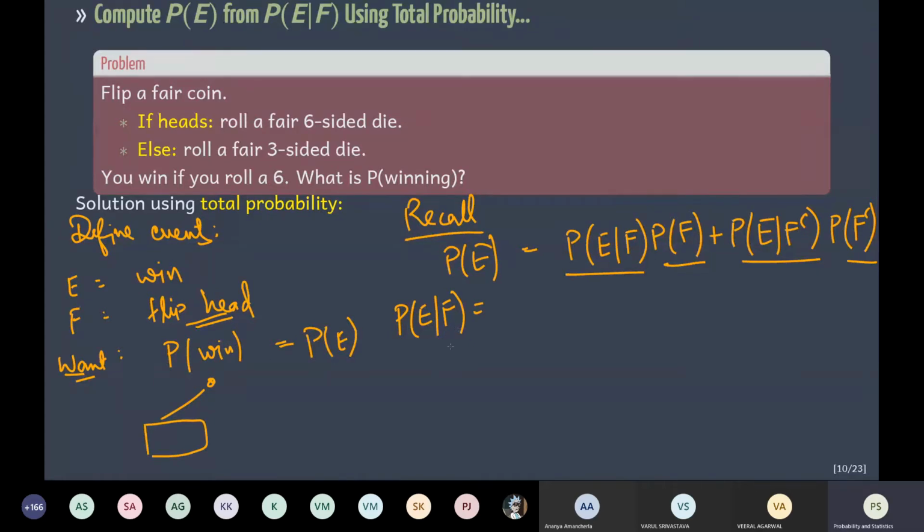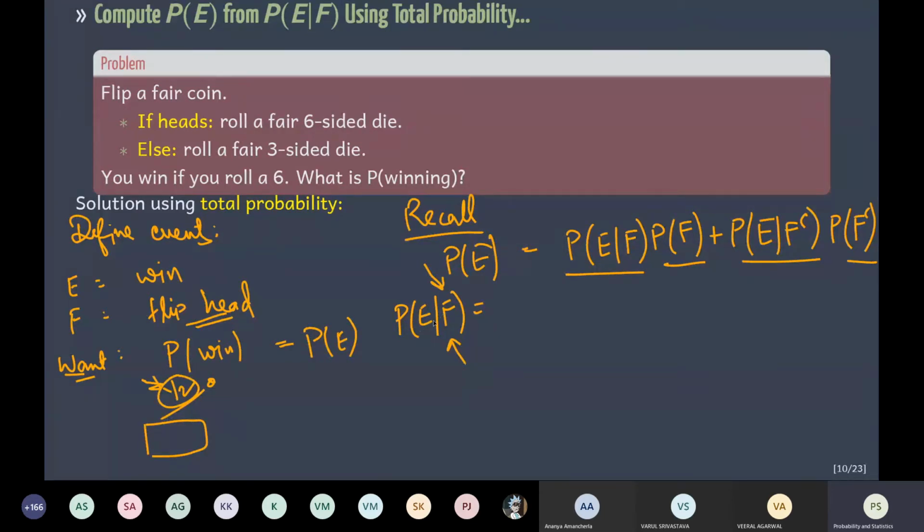So given that head has happened, now someone already told me that you are going this way, so I'm going to neglect this half because this is now deterministic. So it's like I'm going to this left branch with probability 1, right? Because it's given. So that's why this half will not be taken into account anymore.